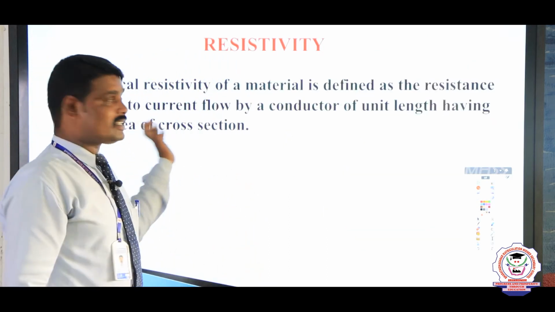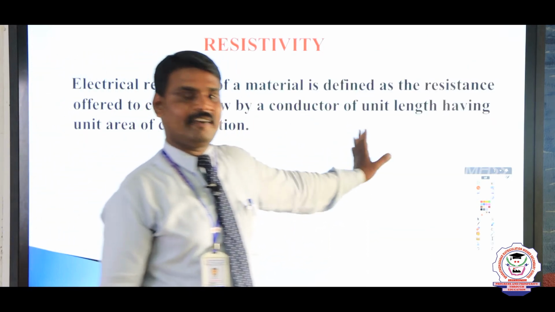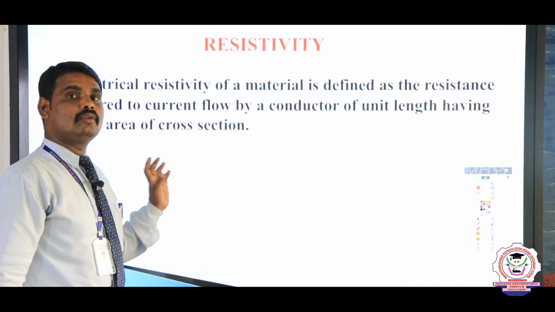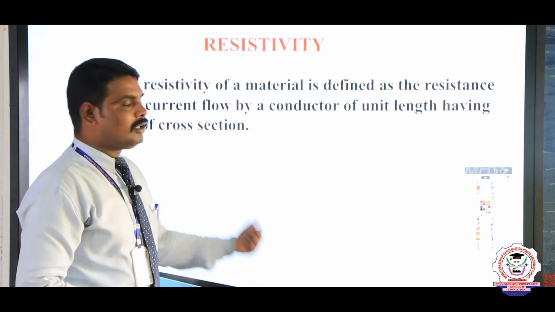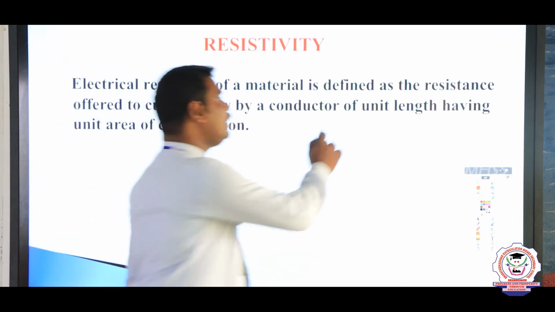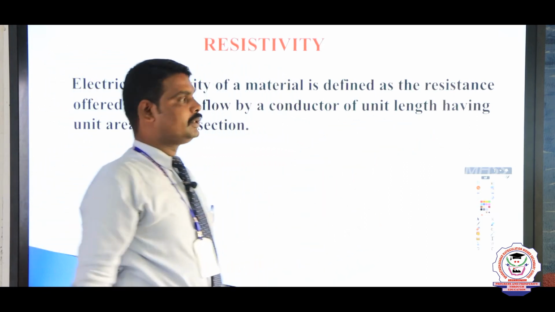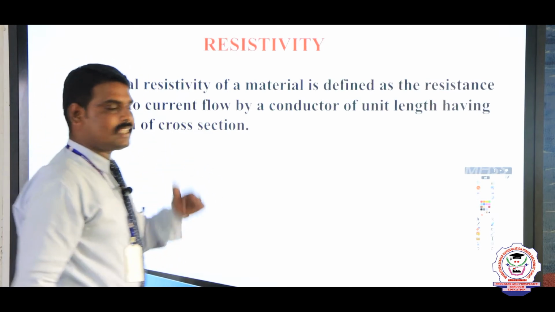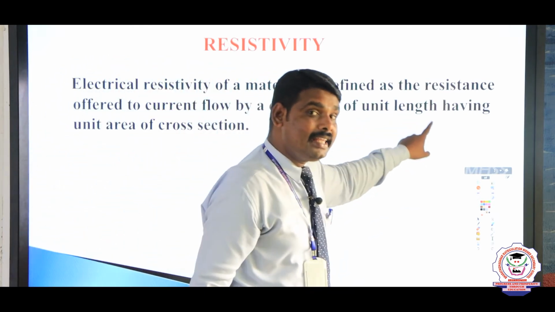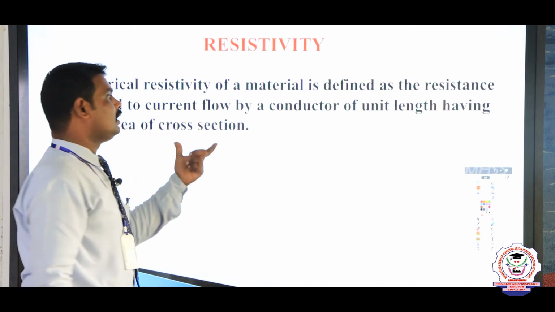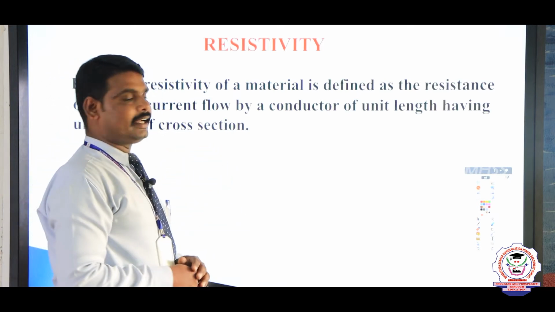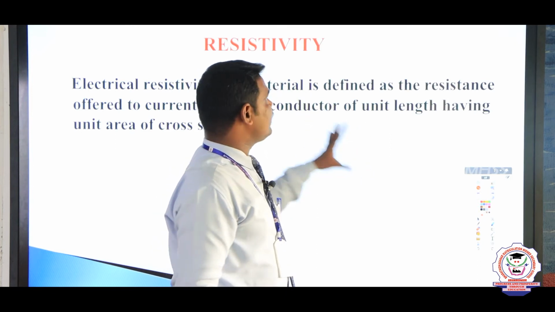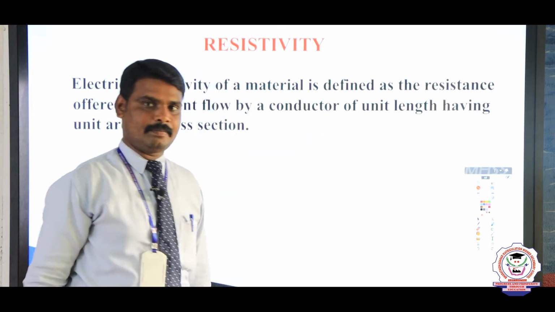The electrical resistivity of a material is defined as the resistance offered to the current flow by a conductor of unit length having unit area of cross section. So, 1 meter length and 1 meter square area of cross section. In that conductor, the resistance present is called resistivity, right?